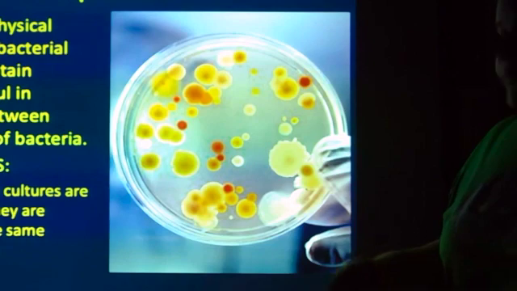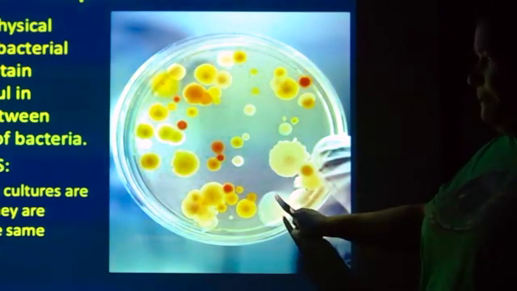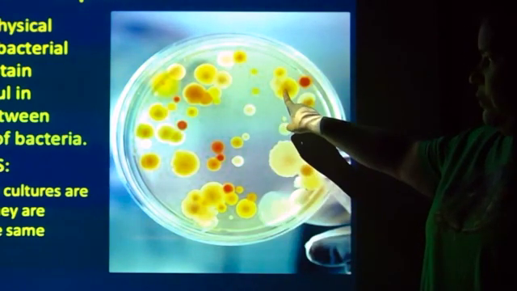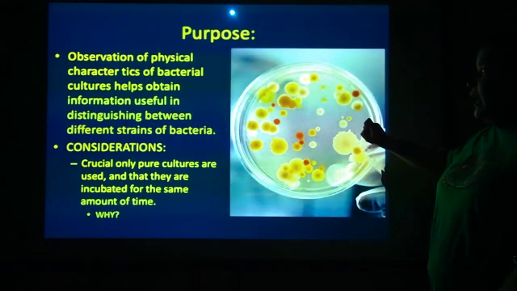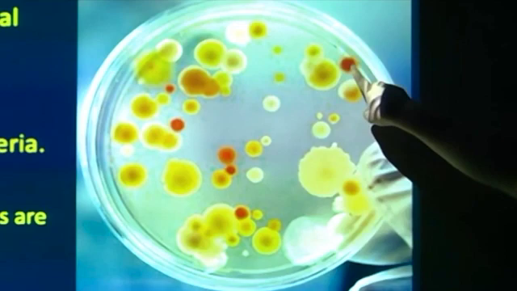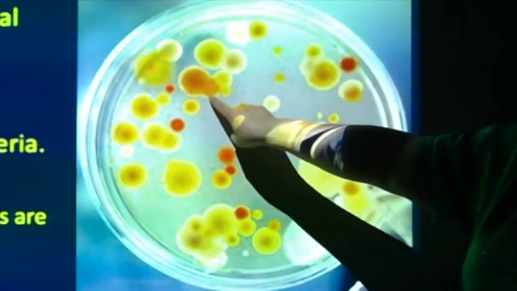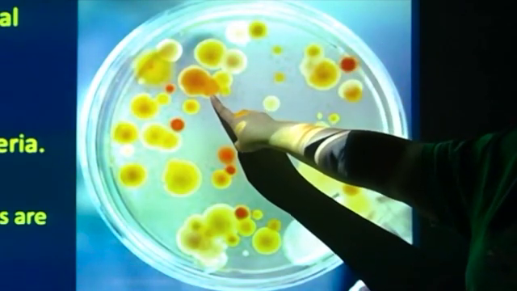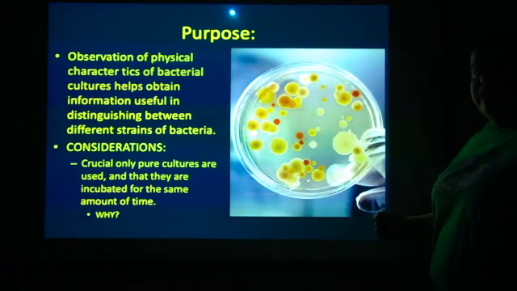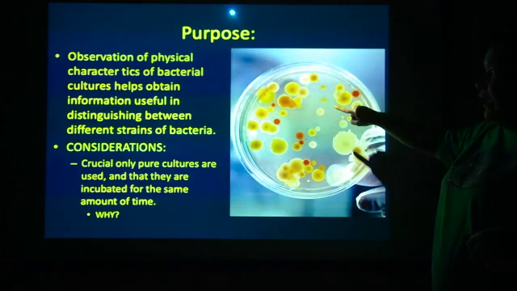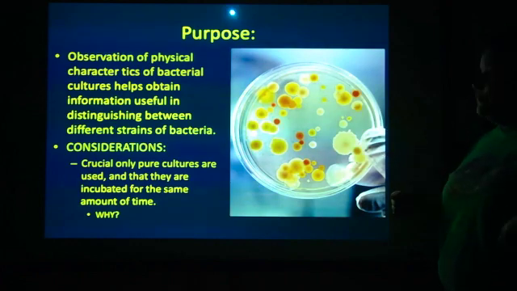The colors is one. I've got beige, I've got yellow, and I've got orange, right? But if you look at the colors, this orange and that orange are slightly different. So does that mean it's a different type of bacteria? Not sure yet, but I can observe that.